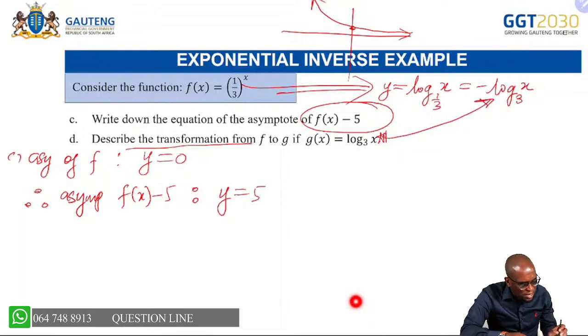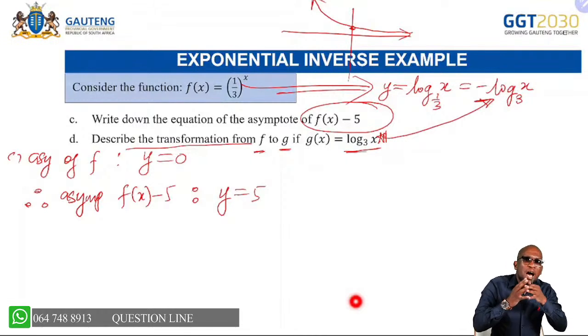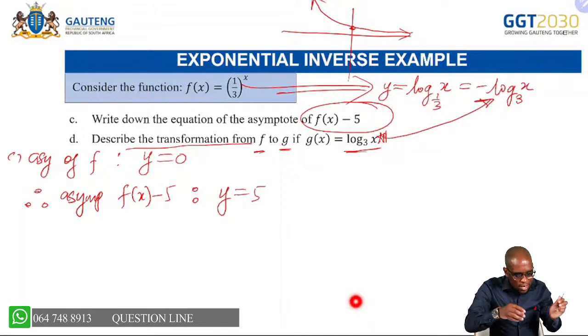Now what happened first from f to g? First, in order for us to get a log, what did we do? We interchanged x and y. What type of transformation is that? We say that is a reflection along the line y is equal to x.